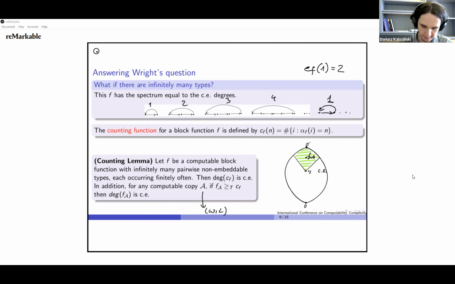By looking at the canonical copy, we are able to precisely identify how the initial segment in our copy looks, and therefore we can recover the successor. And because the degree spectrum of the successor is precisely all of C degrees, we are done: the degree spectrum of f sub A must also be all C degrees.